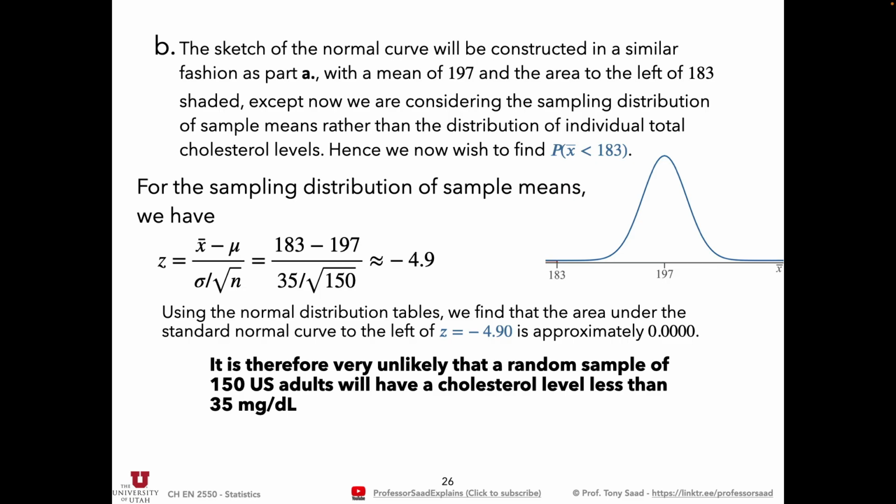That's insane. If you pick one adult, there's a 34.4% chance that that adult has a cholesterol less than 183. But if you pick a sample of 150, there's a 0 chance that their mean is less than 183. It's probably more, right? But that's how statistics works.